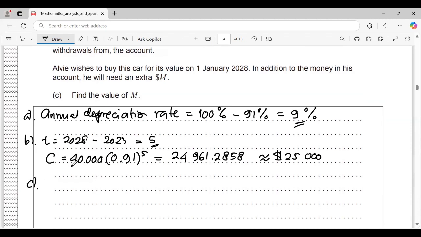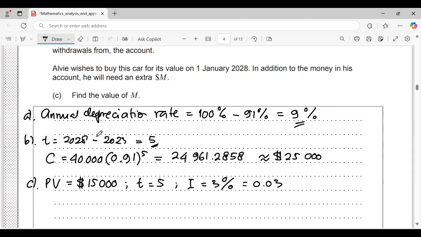Alfie's investment is 15,000 US dollars, the time is 5 years, and the interest is 3% or 0.03.